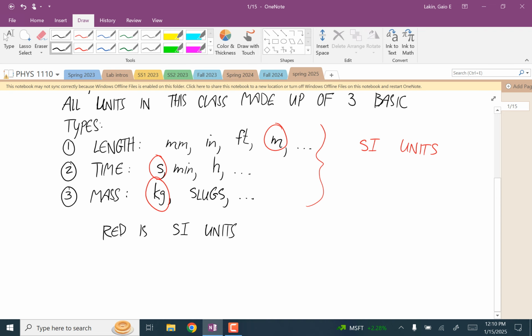So like, for example, a unit of speed is meters per second. It's not any of these by itself, but it's combinations of these. And units of force are kilograms times meters divided by seconds squared, sort of this complicated combination of these three basic types.